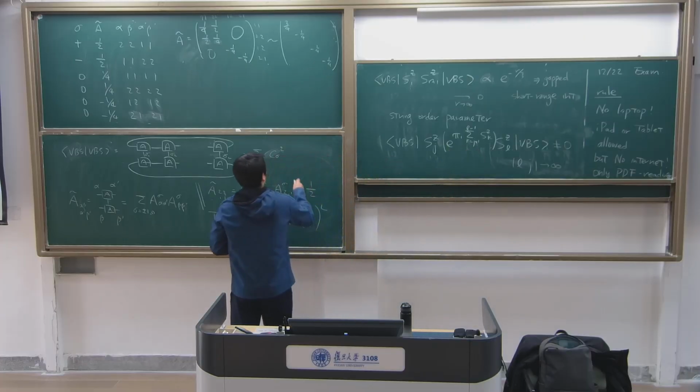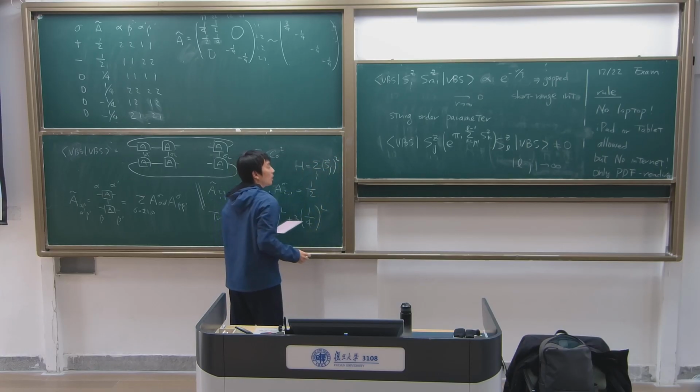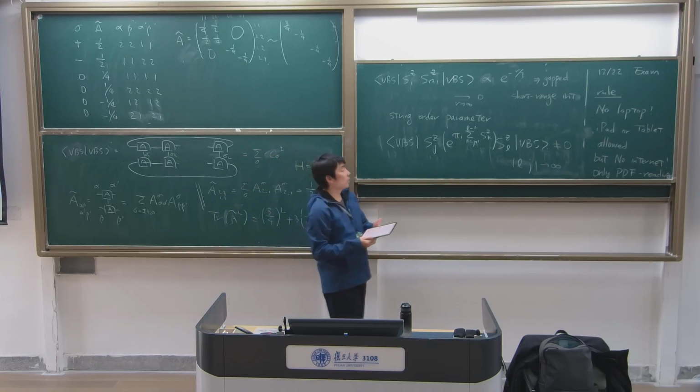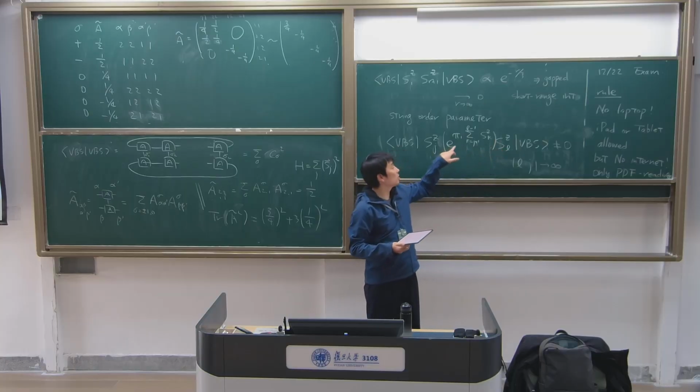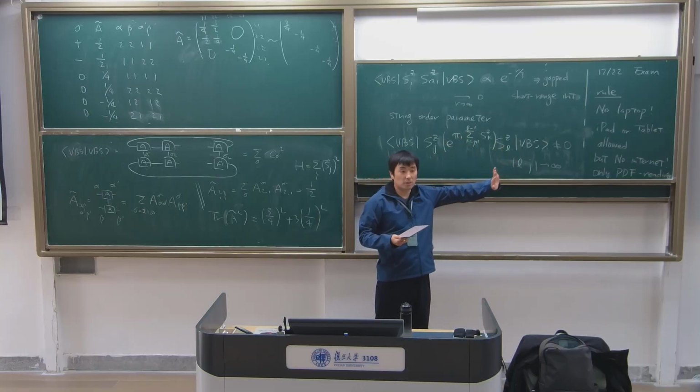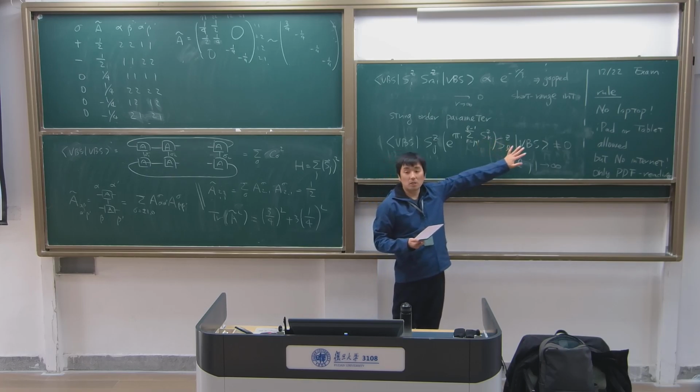And this one is, of course, 0 for trivial cases. In trivial cases, the Hamiltonian is, of course, a sum over Sj, so all spins are 0. Therefore, you put the 0 here, and e to the 0 is 1, and it becomes 0. But for the Haldane phase, this is not 0.